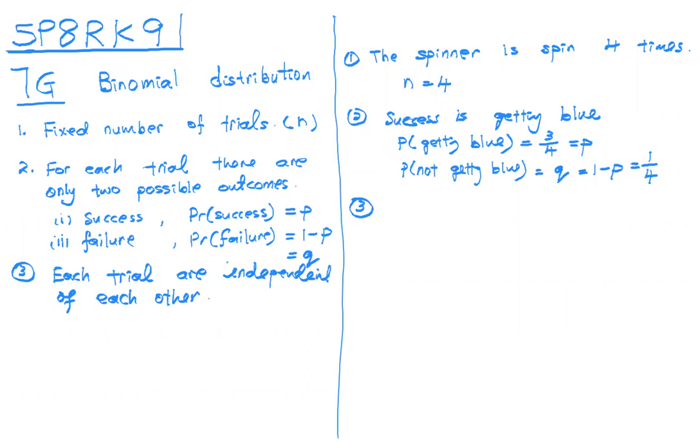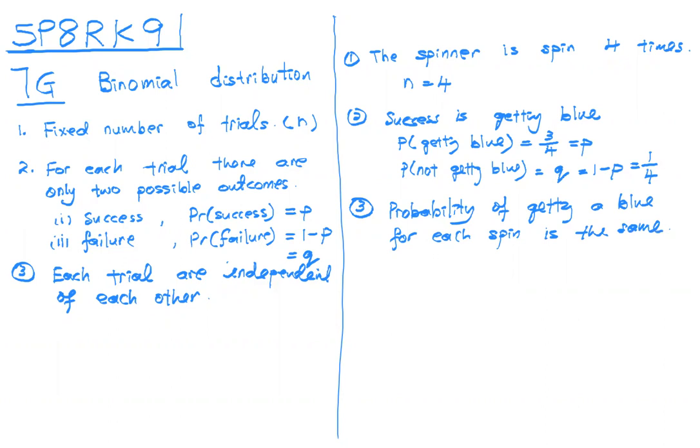No. Which means that the probability of getting a blue for each spin is the same. So that is called independent trials.